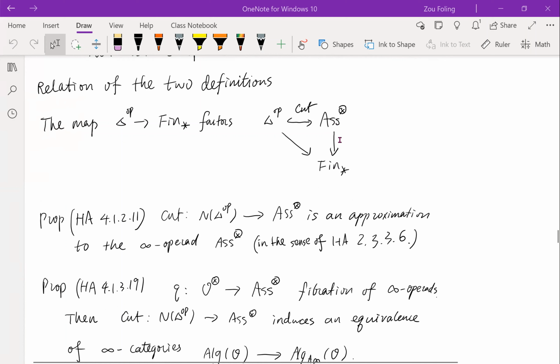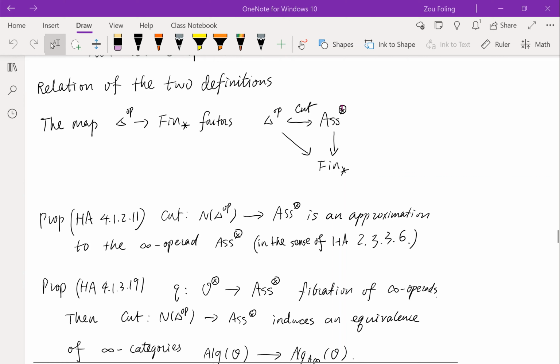To see this, you need to think about what this map actually is. Delta op maps to fin star, objects all work. On morphisms, its image will be like a sequence of things sent to 1, a sequence of things sent to 2, a sequence of things sent to 3, and so on, and then the remaining things sent to 0.